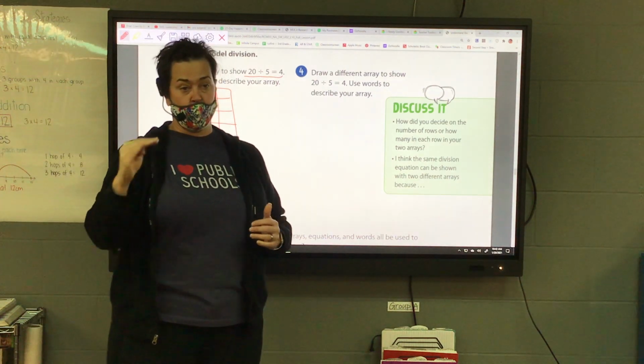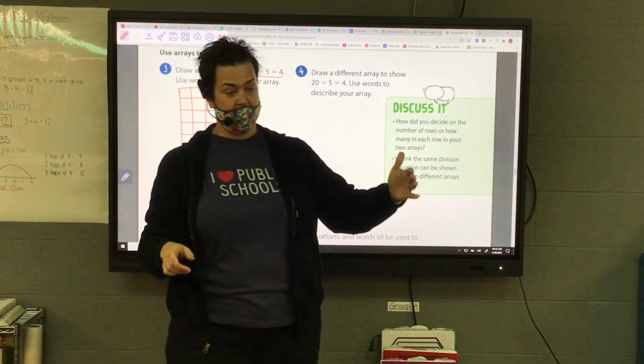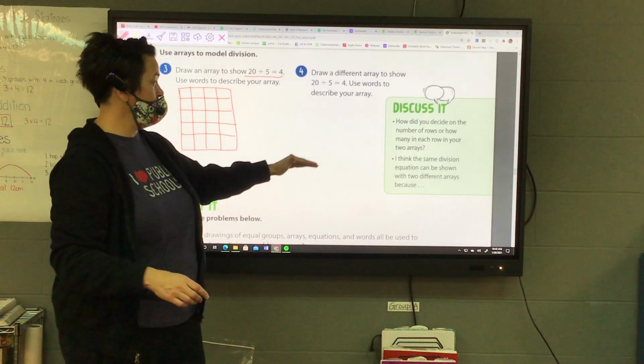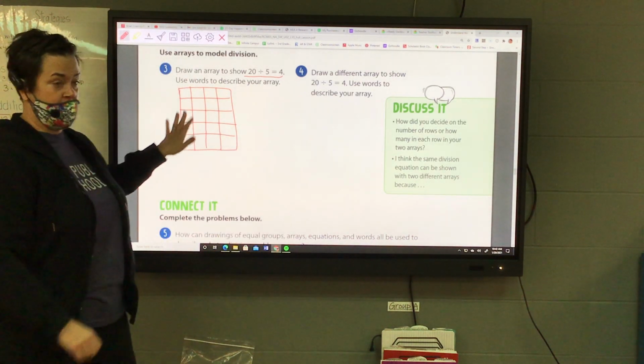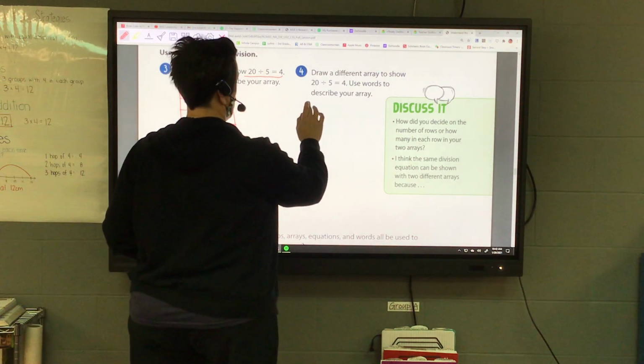It's like you're taking this array and you're going to turn it on its side. So if you did 4 rows first, over on the right side of your paper, do 5 rows. If you did 5 rows first like I did, now you're going to draw 4 rows.